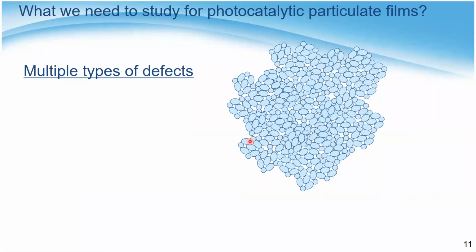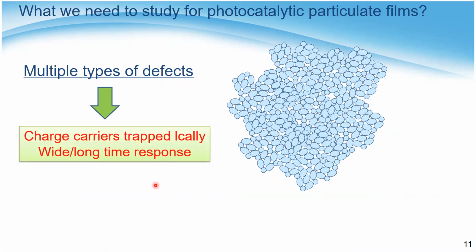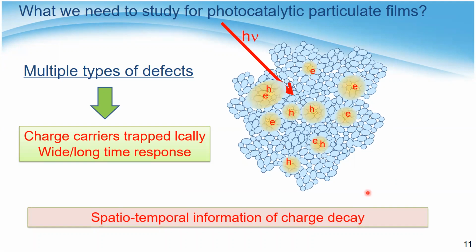We have to study the local charge carriers, because there are many different types of defects that cause the charge carriers to trap locally, and the lifetime extends over a wide and long range. What happens in the sample is that locally excited charge carriers decay with different lifetimes. So we have to study the spatial-temporal information of charge decay.